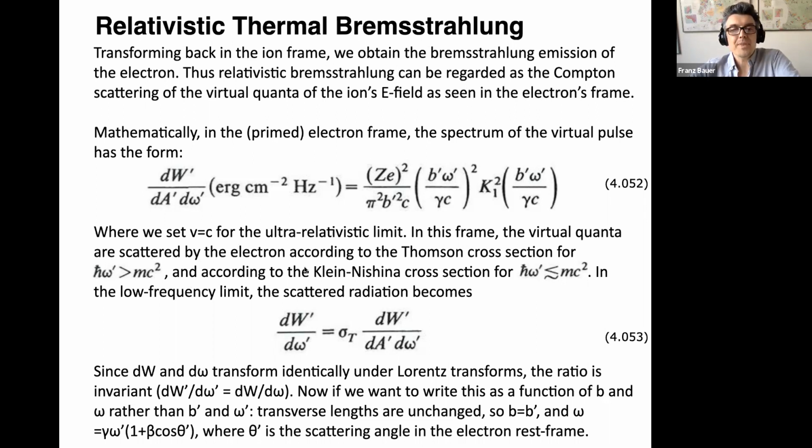If we had to deal with a more quantum mechanical limit and ultra relativistic case, we might end up using the Klein-Nishina cross section, which would be applicable for energies which are less than the rest mass of the electron.